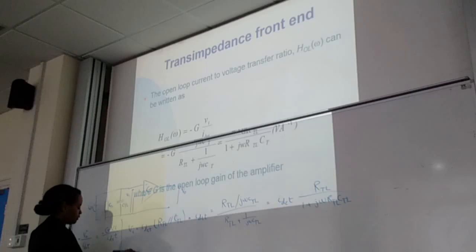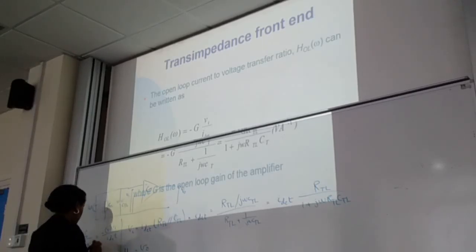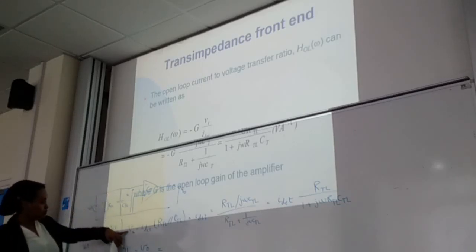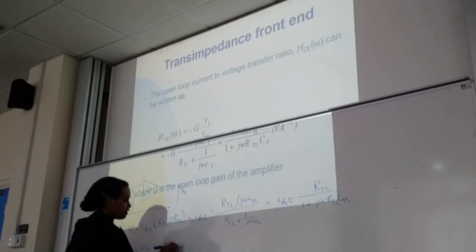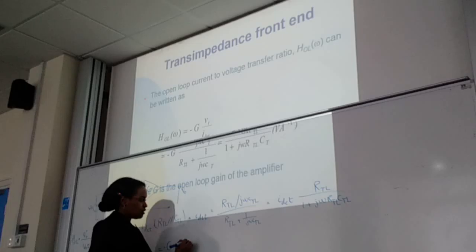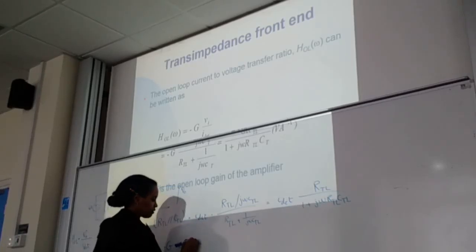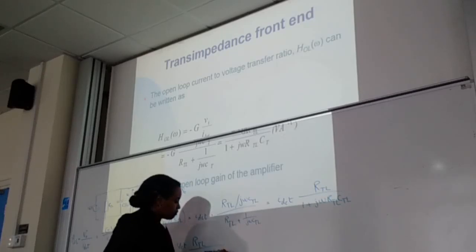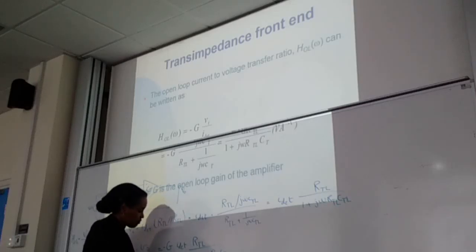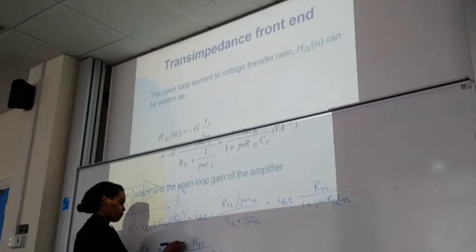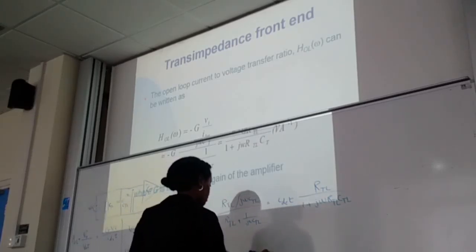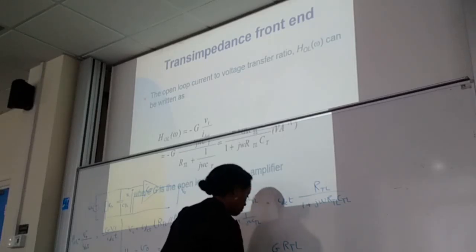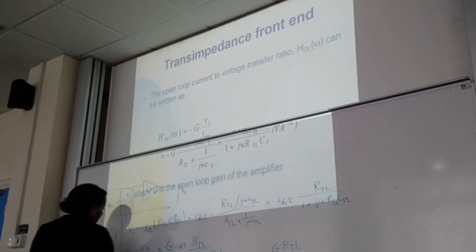So the open loop gain is, and if this is Vn, then we can do minus G. Can you see what I have done here?